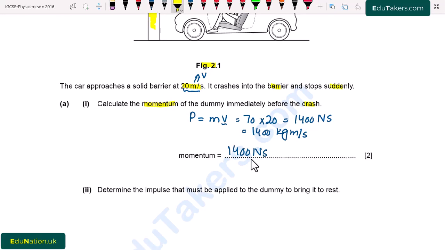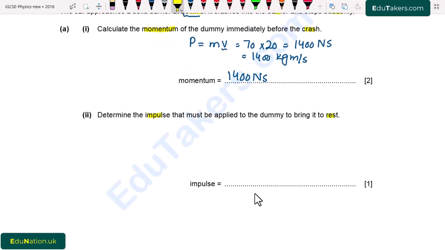Part 2. Determine the impulse that must be applied to the dummy to bring it to rest. So here we have to find the value of impulse. First of all, impulse is the product of force and time. But here we don't know the value of time or the impulse.